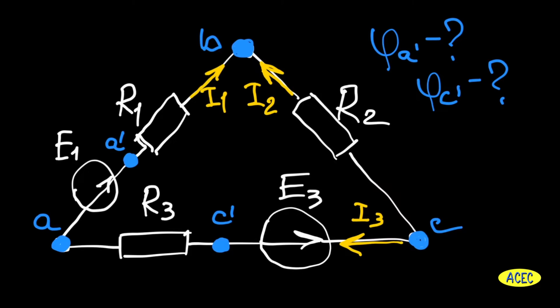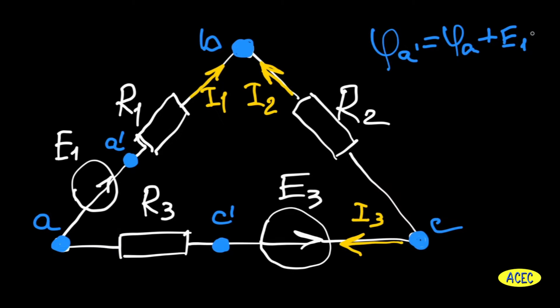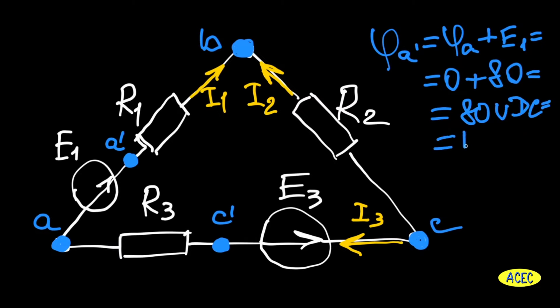Let's start from the potential in point A dash. We have to add to potential phi A the voltage of voltage source E1. Taking into account that this voltage source E1 goes from node A to point A dash, it will be with plus sign in the equation.